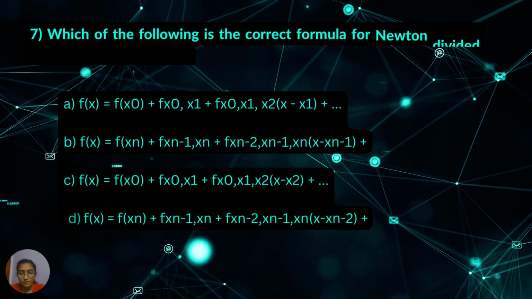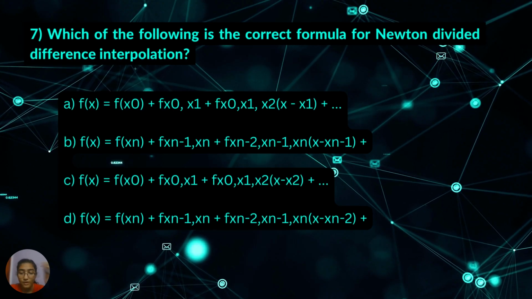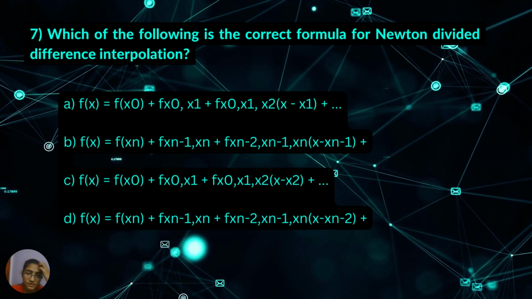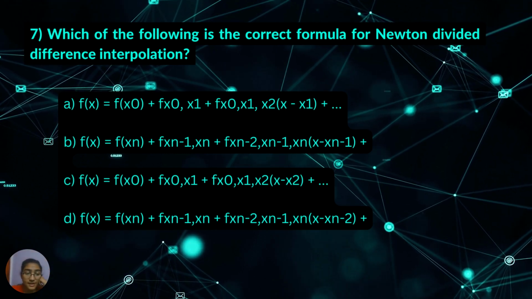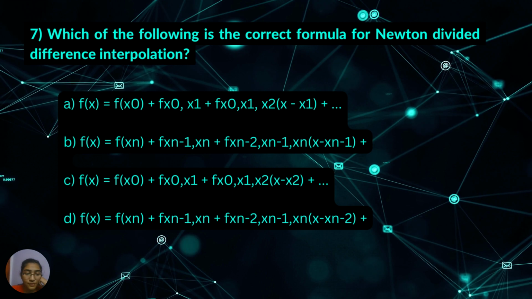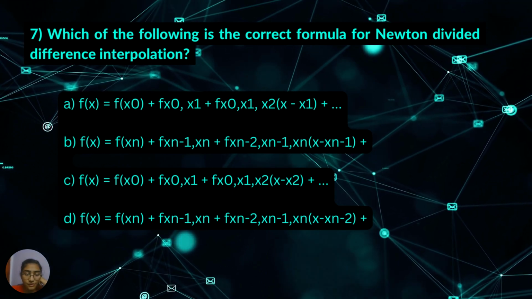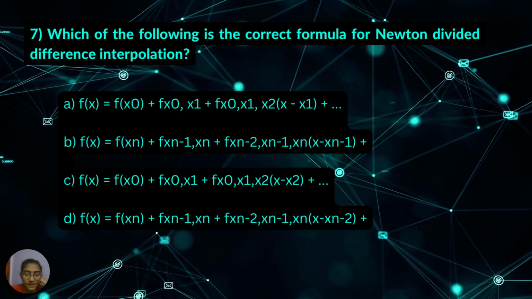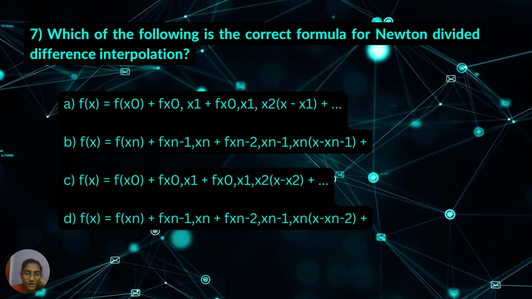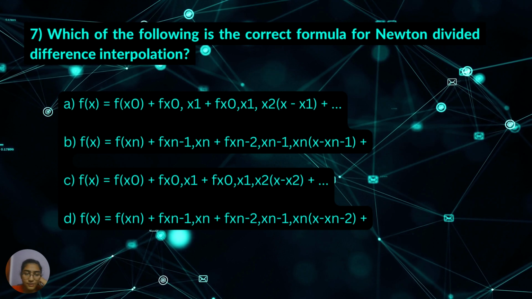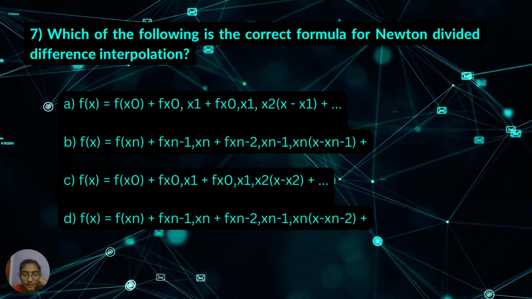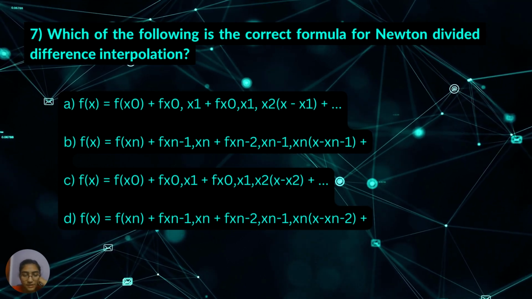Next question is, which of the following is the correct formula for Newton divided difference interpolation? The options are A, f of x is equal to f of x0 plus f of x0, comma, x1 plus f of x0, comma, x1, comma, x2 in the bracket x minus x1, and so on.